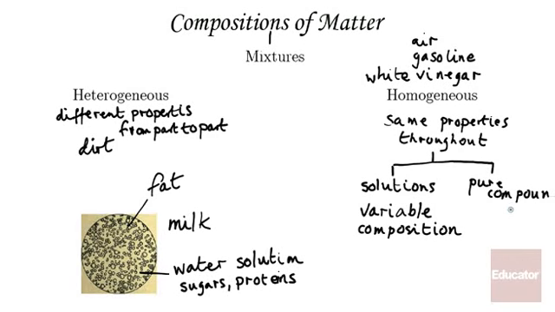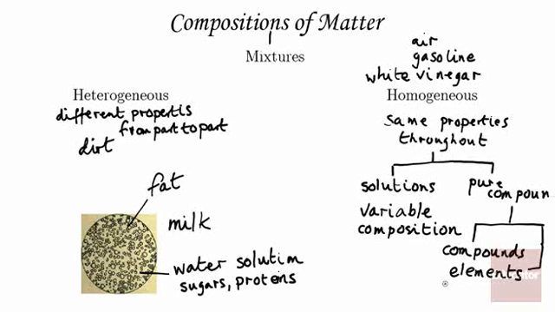Pure compounds can be further subdivided also into two categories: compounds and elements. Whereas a compound is made up of elements, an element cannot be simplified further.